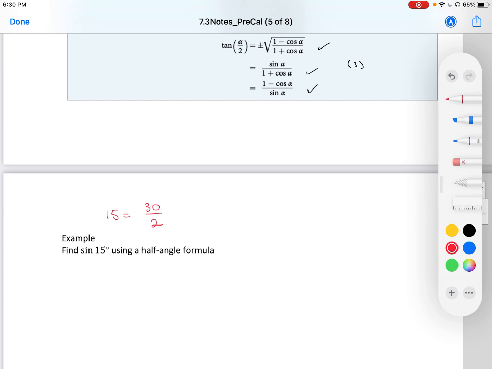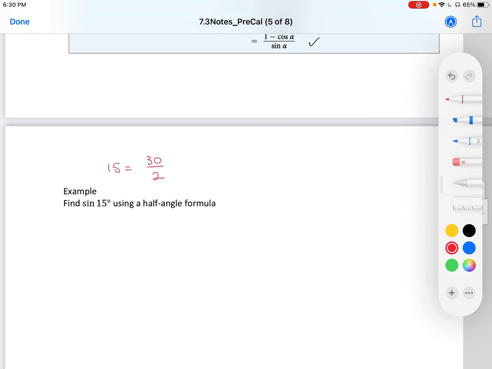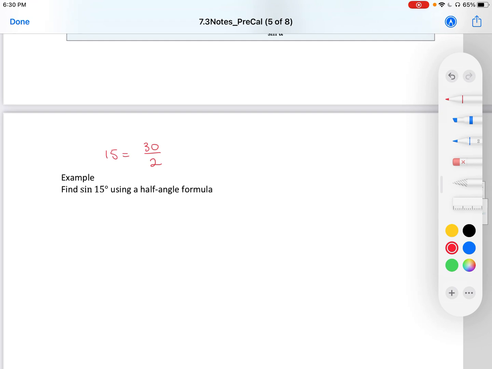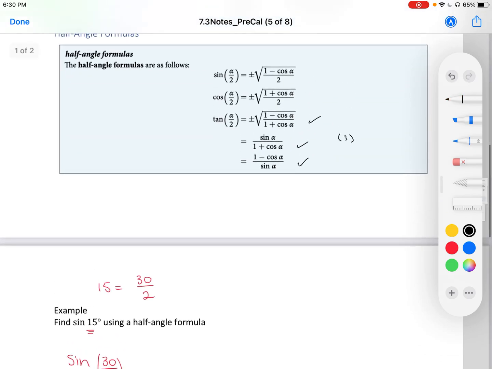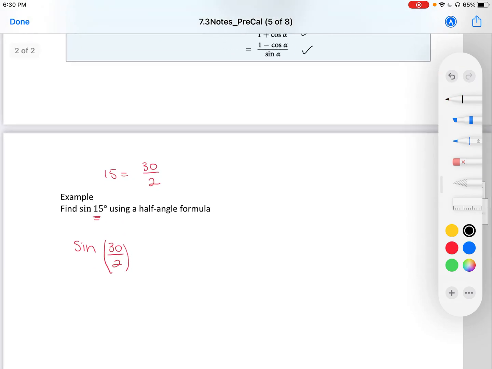Because we know the value of 30, and if I divide it by 2, it gives me that increment that I want, that 15. So I'll now think of this as sine of 30 over 2, where 30 would be your alpha. And then from there, we just use the formula.